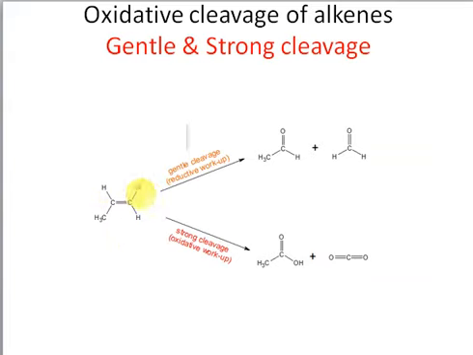So we have an alkene here. You can see this carbon has two hydrogens, so that will definitely form an aldehyde, and this carbon has a hydrogen and a methyl, so that will definitely form an aldehyde as well. Whenever we carry out the gentle oxidative cleavage, it's always the reductive workup that we use.